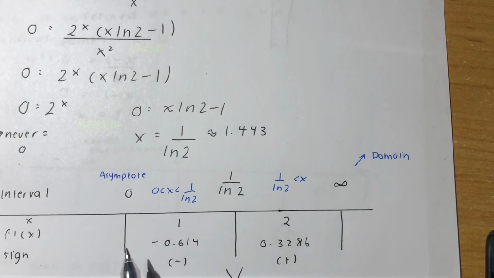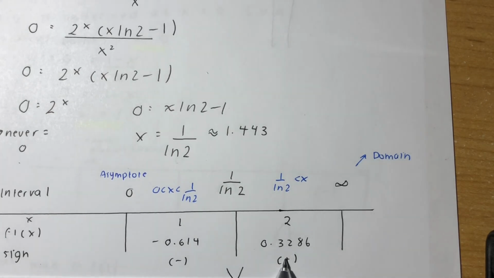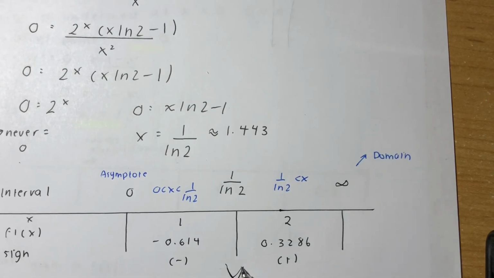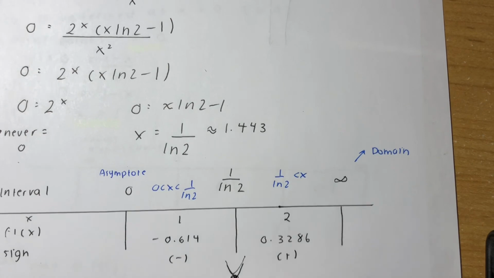If we investigate our signs, when x is in between 0 and 1 over ln 2, our value is negative, meaning it's decreasing. When we're greater than 1 over ln 2, it's positive, meaning we're increasing. From what we've learned, when we go from a decreasing value to an increasing value, that means our critical point has a local minimum.